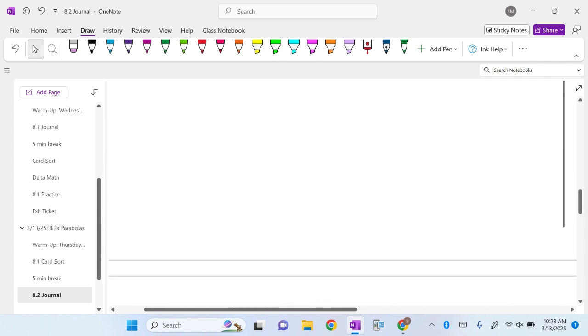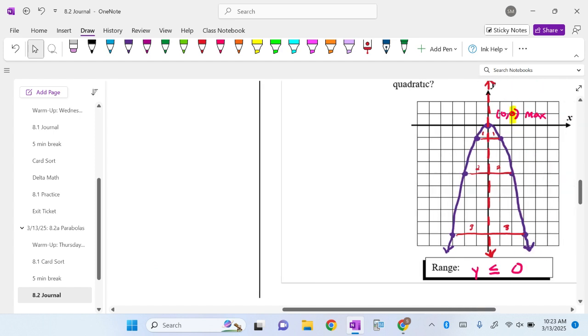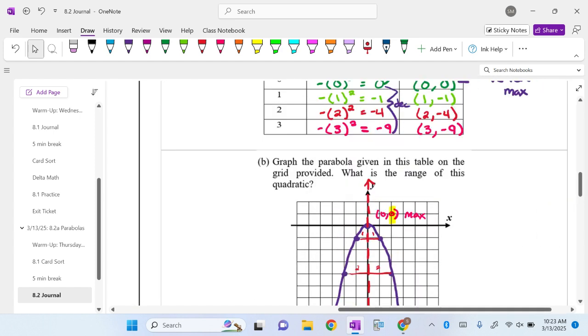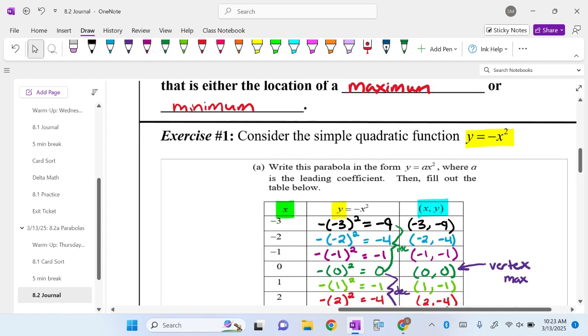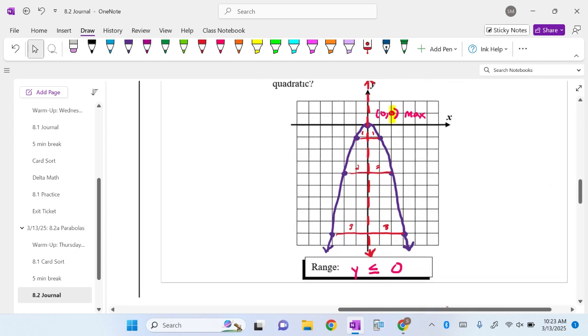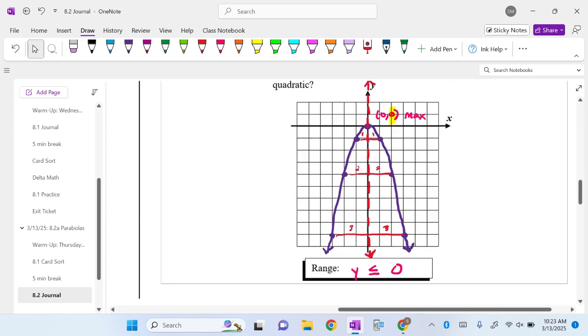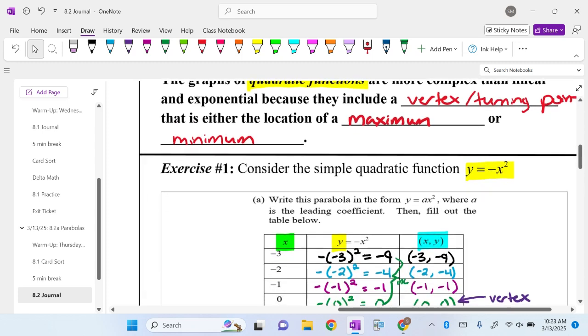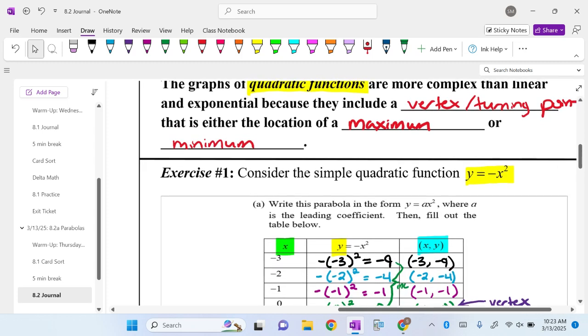To help you out, look at the previous function, y equals negative x squared. This function opened where? Upwards or downwards? It opened downwards. Let's go with someone who hasn't talked yet today. Does anyone have any predictions why that is? Look at the function itself.